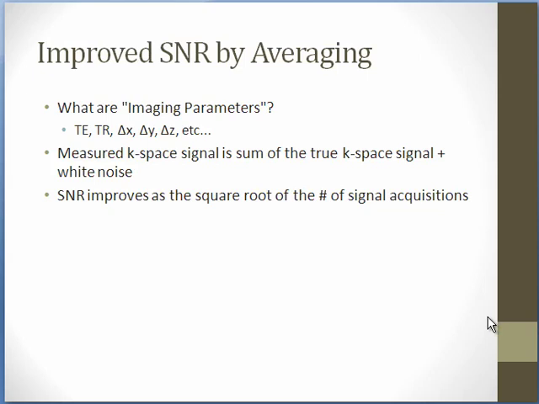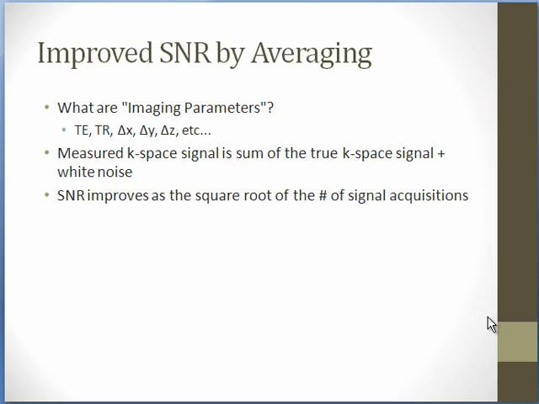So how can we improve that? Well, as I mentioned before, for that particular image, I did 8 averages. We could very easily do more, but there's a trade-off, because you have to take into consideration that SNR improves only as the square root of the number of signal acquisitions, or NEX.